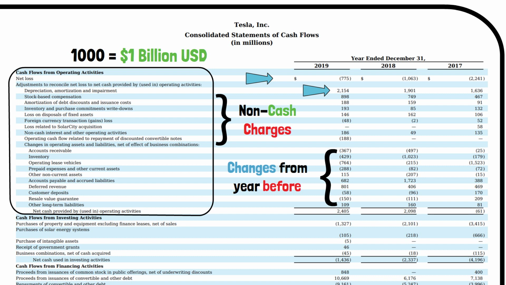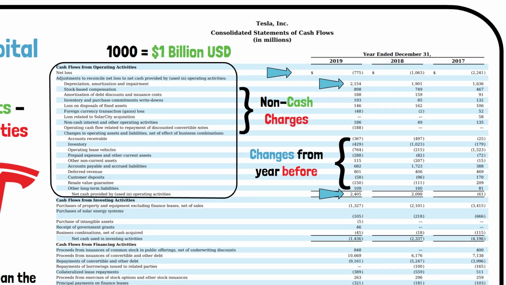Finally, after adding and subtracting everything from the net loss, you get Tesla's operating cash flow of $2.4 billion for the year 2019. This is basically the amount of profit Tesla made in 2019 before considering any non-cash charges.